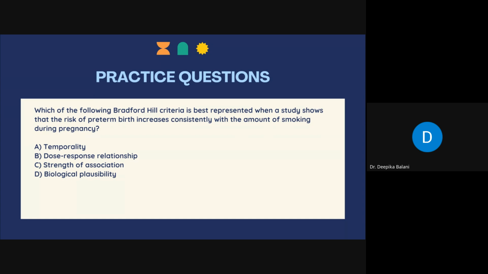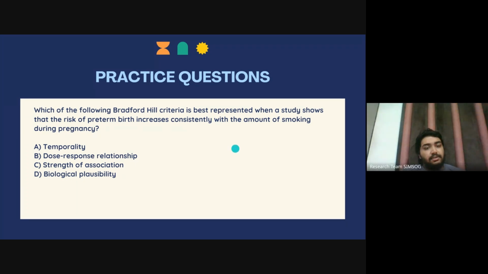B. Exactly. The answer is B, dose response relationship, because as the dose of the presumed cause, that is the amount of smoking, increases, the effect, that is the risk of preterm birth, increases. So it is a dose response relationship.